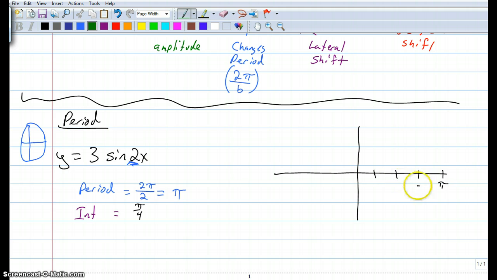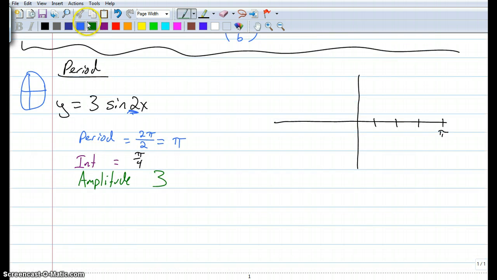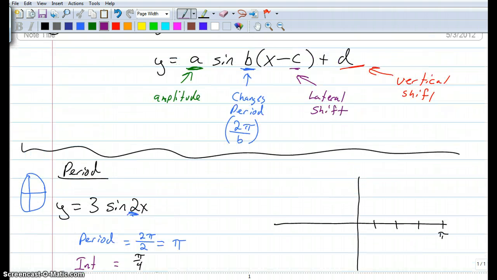All right, and we'll label these later, but first of all, let's go back to here. Let's talk about the amplitude. The amplitude here is 3. And then we're also going to add a couple of other things. Let's talk about the lateral shifts. Is there any movement left or right?